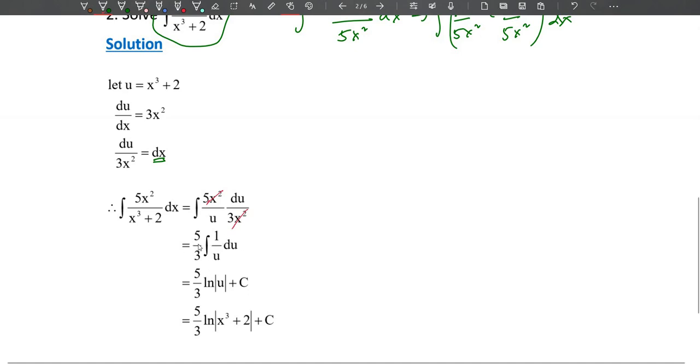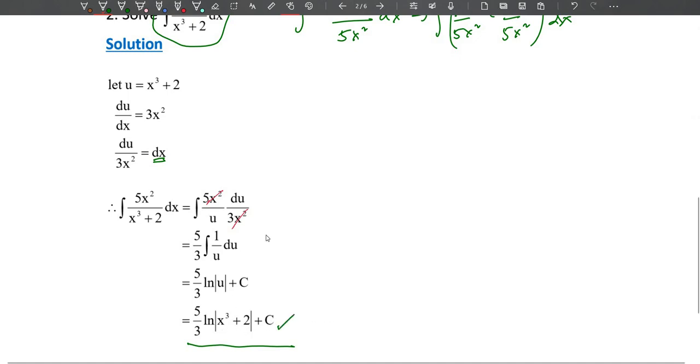We can factorize the constant outside. Integrate 1 over u is ln u, then substitute the original u, which is x³ + 2. Therefore, the final answer is 5/3 ln(x³ + 2) + c.